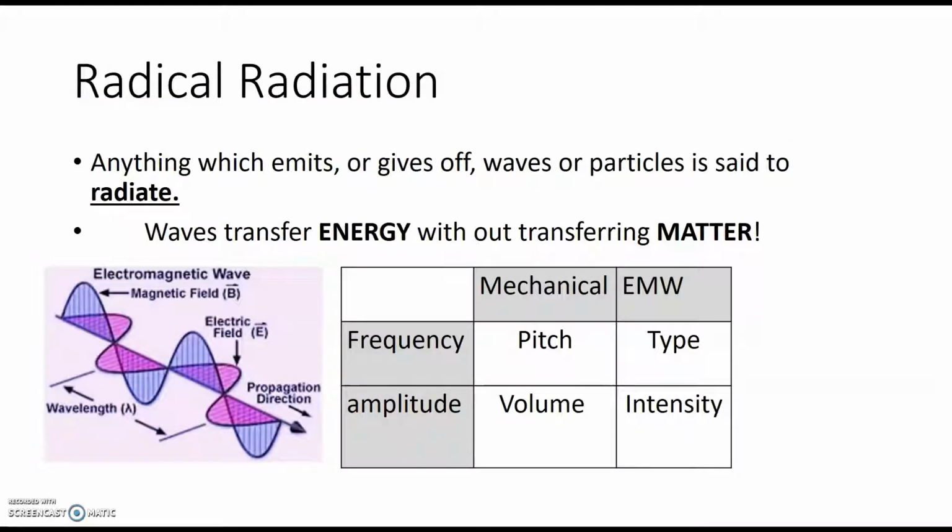So the idea of radiation has gotten a bad name. But anything that emits or gives off light or waves is said to radiate. So when something gives off light, it's radiating something.